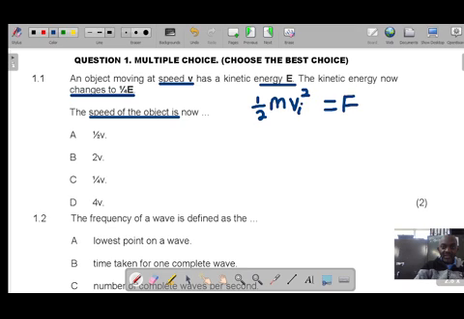In case you forget this one, just check the formula sheet. It's already given to you. Because we're talking about speed here, I'm going to make V the subject.